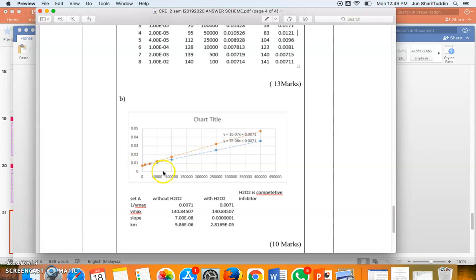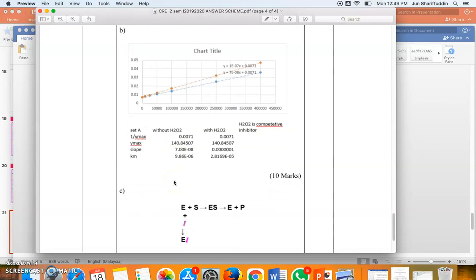So from the graph, you can say that it is what? Competitive inhibitor, because they share the same intercept, which is 1 over Vmax. And then what is the mechanism?